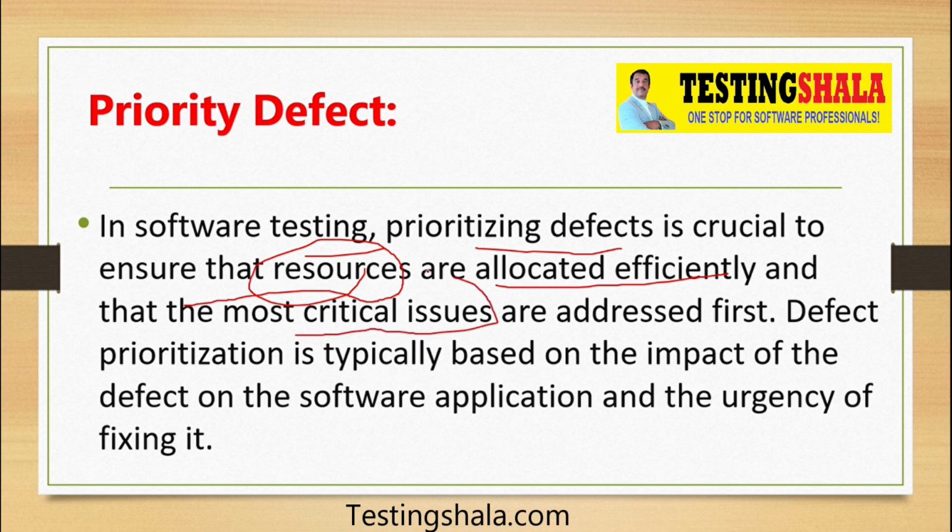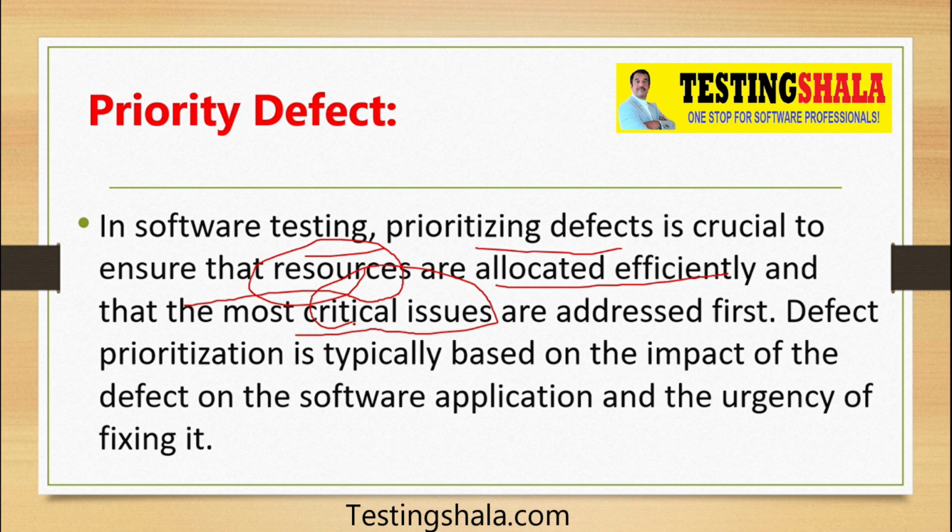We have to allocate all our resources to solving the critical issues, and that becomes the highest priority defect. Defect prioritization is very crucial. Again, it is based on the impact of the defect on the application and the urgency of fixing it. That we call the priority of the defect.